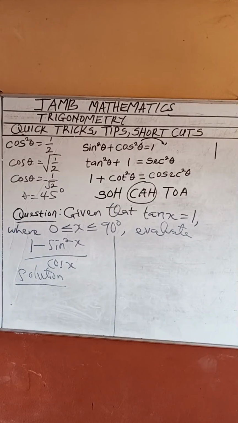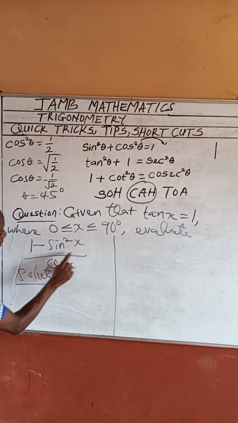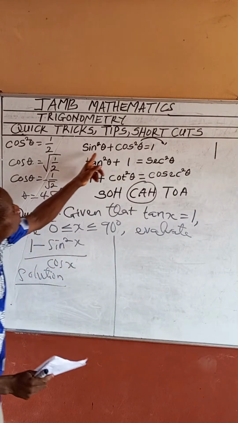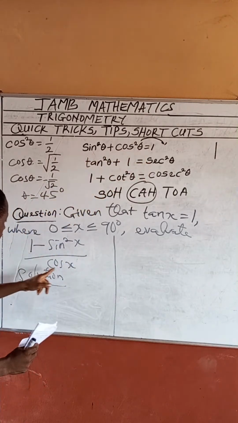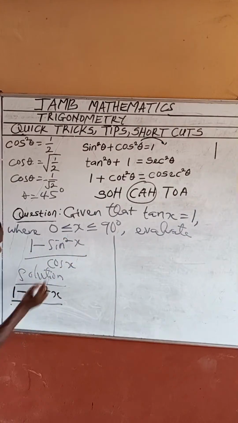So we are going to use this. Let's look at it holistically. I always say it, as a JAMB student, replace this one with another one. Here we have 1 minus sine square x, divided by cos x.